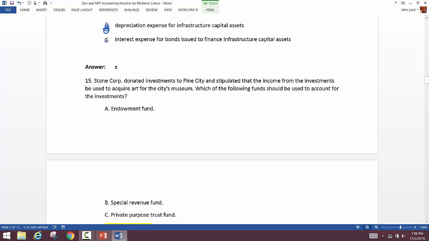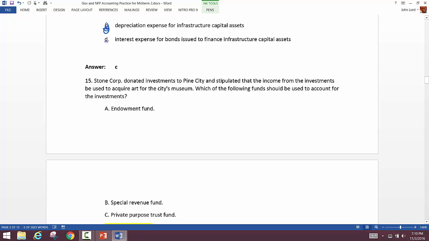Okay, so what happens? We look at Stone Corp donated investment to Pine City and stipulated that income from the investment be used to acquire art for the city's museum. So what happens? We're going to use the income from the donated investment to acquire art for the city museum.